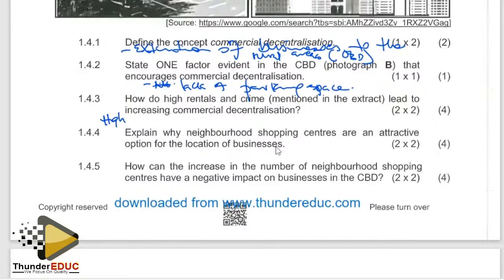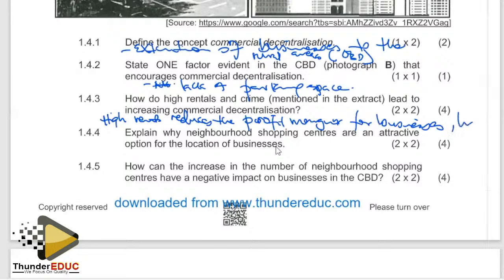High rent reduces the profit margin for businesses. So you find out that when the profit margin decreases, this will lead to people moving away from other areas.